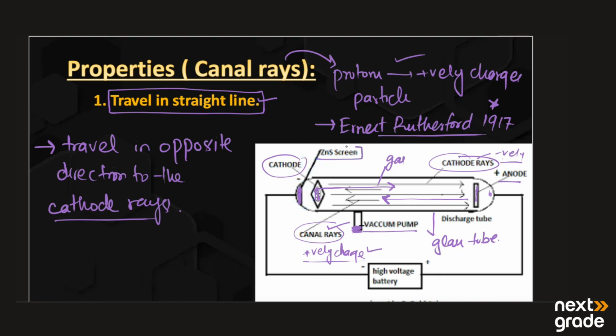Scientists use a zinc sulfide screen because zinc sulfide produces a very bright glow. So when these anode rays or canal rays strike the screen, it produces a glow, so the scientists said they travel in a straight line.